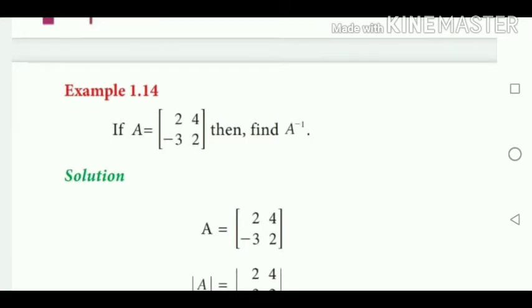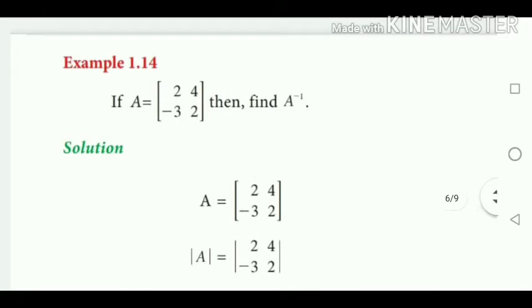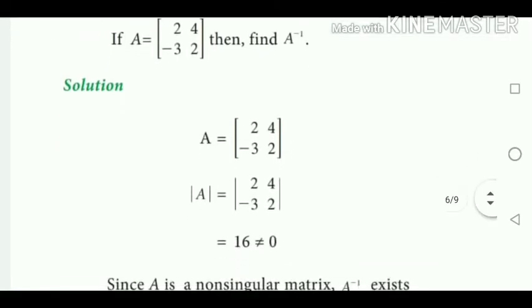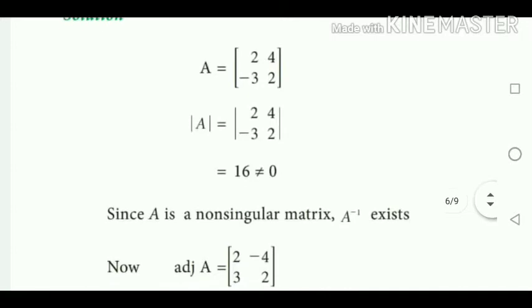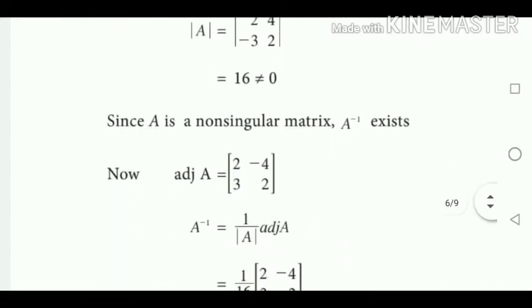So if A inverse is asked, there are 3 steps. First step, find the determinant of A. Then find the adjoint of A. Then apply the formula A inverse equal to 1 by determinant of A into adjoint of A. So we need the determinant of A as well as the adjoint of A.